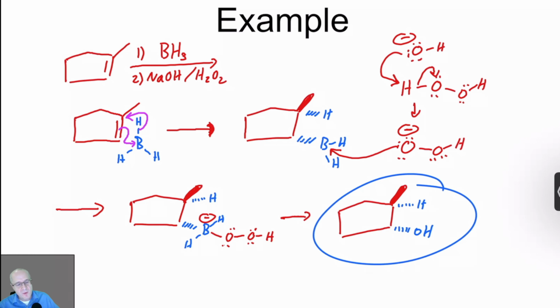Now remember, the alcohol will always be on the same side as the hydrogen you're adding because of the syn addition here. So the hydrogen and the boron were on the same face. So here the alcohol ended up on the same face as the hydrogen that was added. All right, so that's the example.